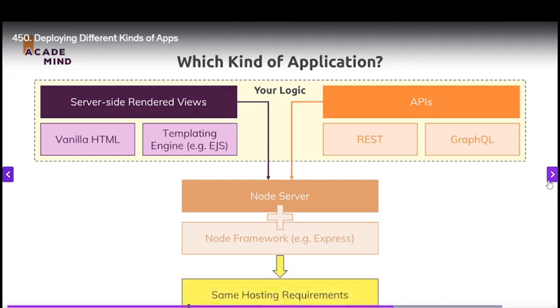We don't have to make a difference here, because in the end, when we move our code to a web server, then there we also just want to do the exact same thing we did locally. We'll start our Node server and wait for incoming requests. And therefore, we don't have to differentiate between these kinds of applications when it comes to deployment. We simply deploy our code, start the Node server, and we are good to go.